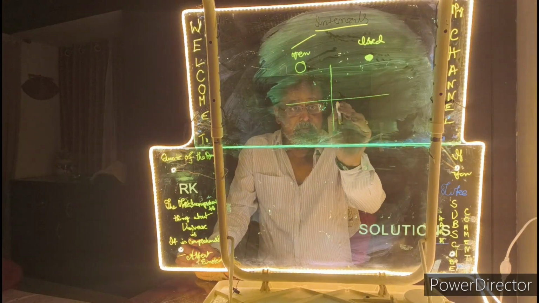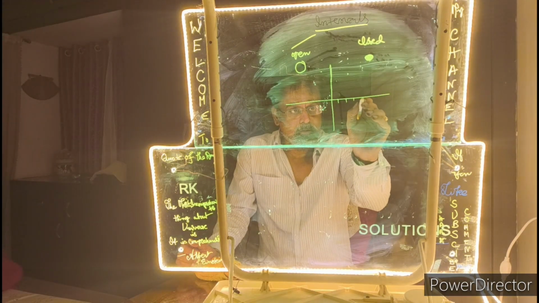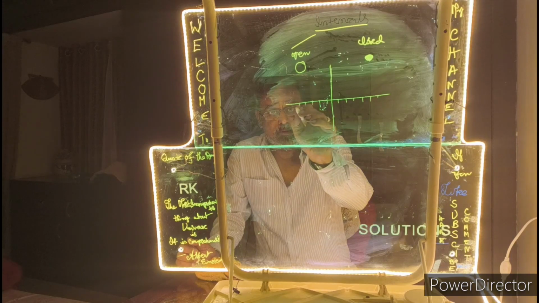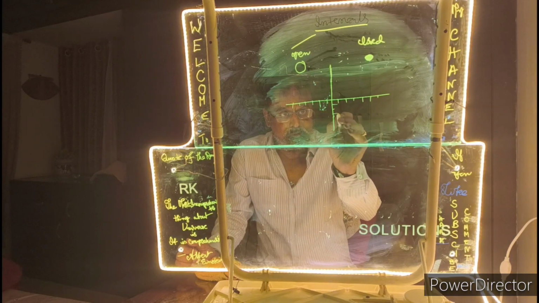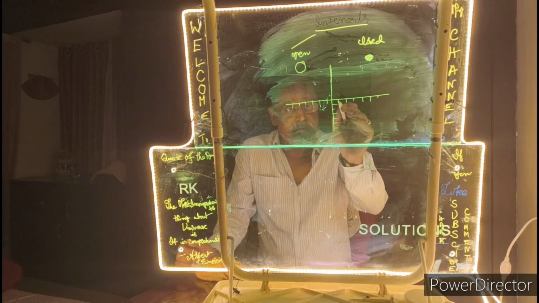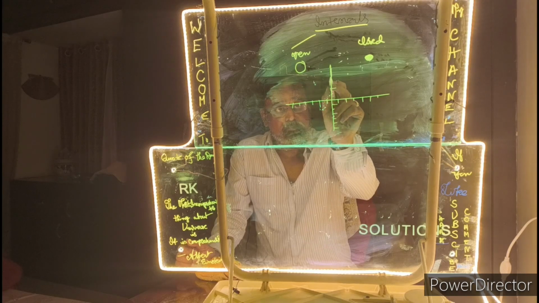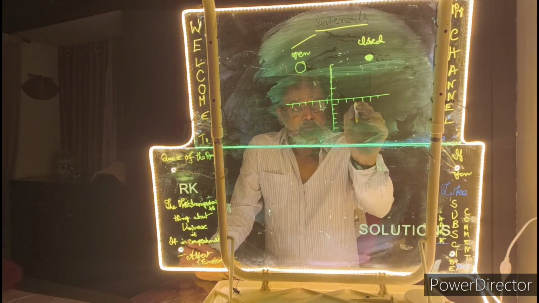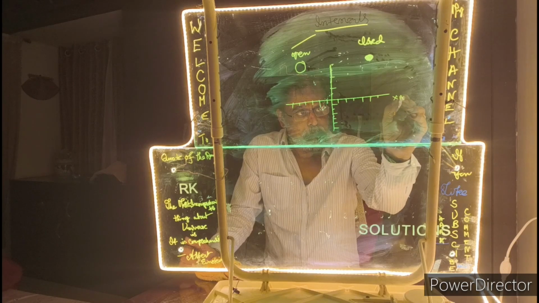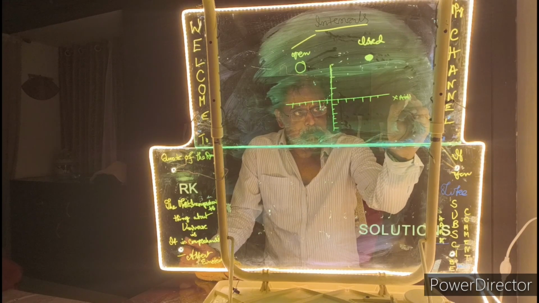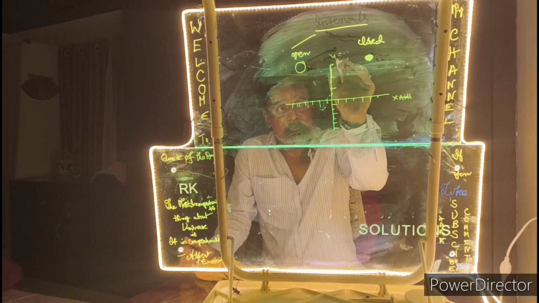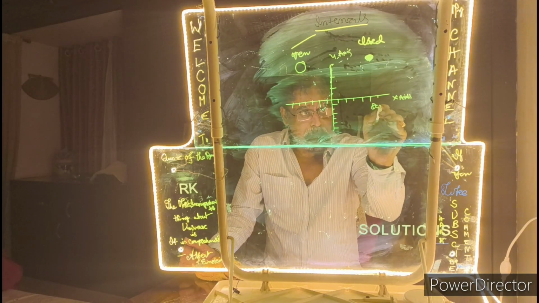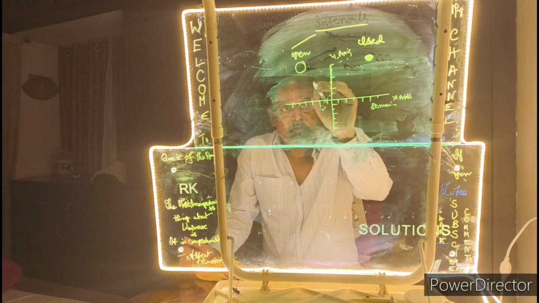So, 3, 2, 2, 6, 2, 3, 4, 6. That's it. This is the x-axis, y-axis, domain, codomain.